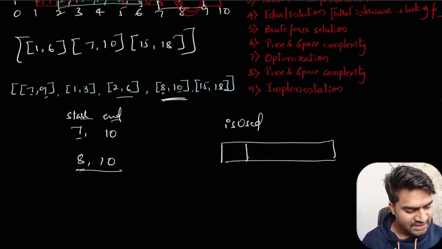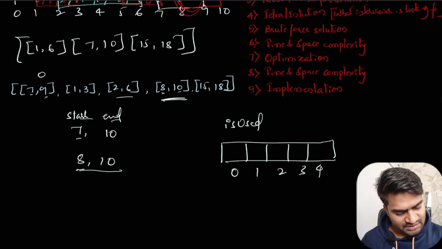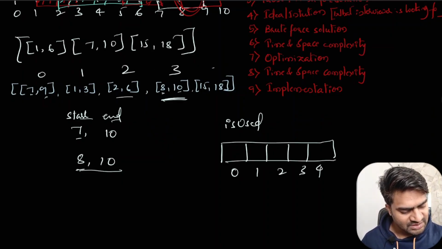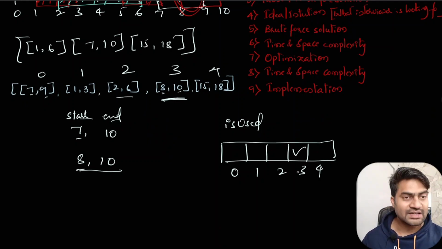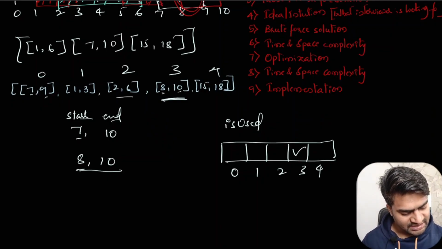There are 5 intervals. Okay, so indexes 0, 1, 2, 3, 4. If you give the indexes, it becomes something like this. So I will say my third interval is used. It is done and dusted. We don't really use that in future if it appears in our iteration. So 8, 10 is done.